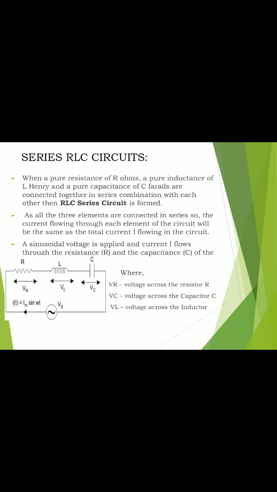Then we have the voltage drops. First, VR, voltage drop across resistor R, that is I into R. Next is VL, voltage drop across inductor, that is I into XL. And next is voltage drop across C, VC, that is I into XC.